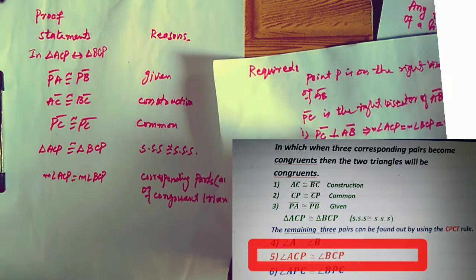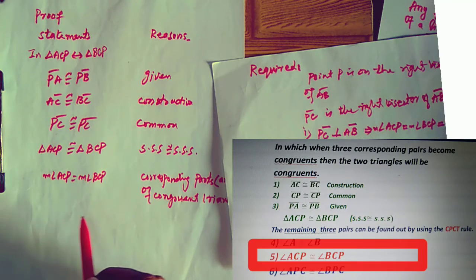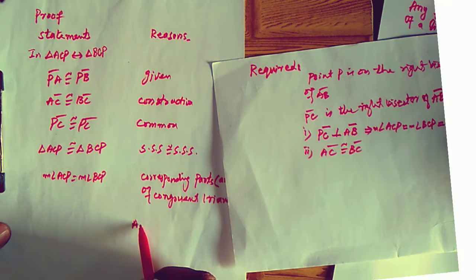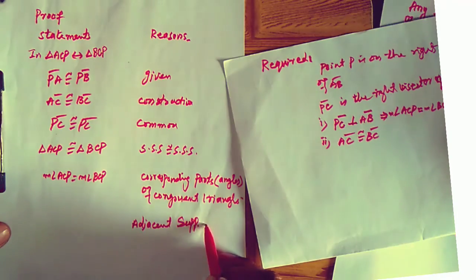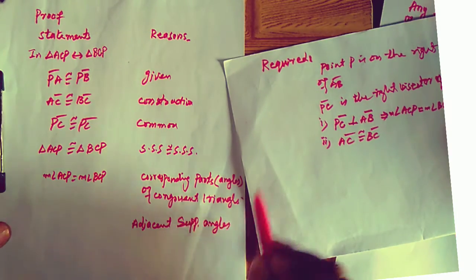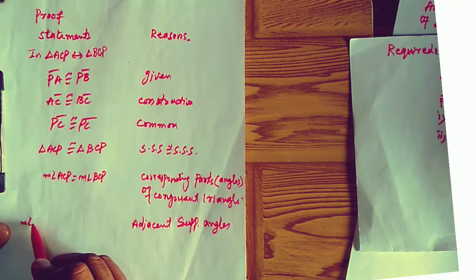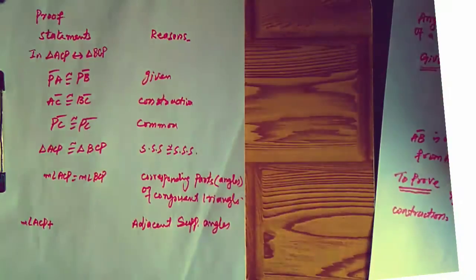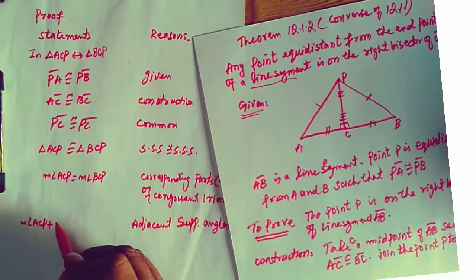When angle ACP is equal to angle BCP, which is equal to 90 degrees, from this we have to make PC perpendicular to AB. For this we use the adjacent supplementary rule. Adjacent supplementary angles means angle ACP plus angle BCP is equal to 180.